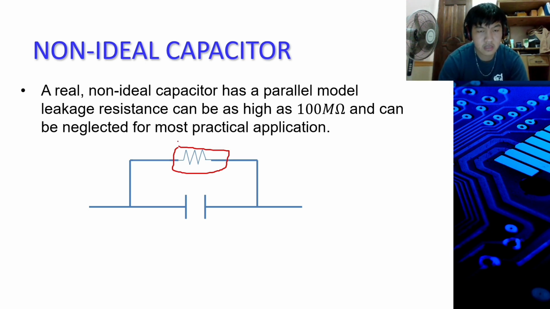In this sample, we have the leakage connected in parallel. So, this is the one that dissipates energy in the capacitor. Although we have a leakage resistance measured at around 100 megaohms, it can also be neglected.